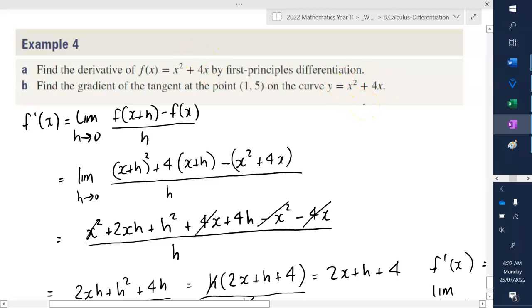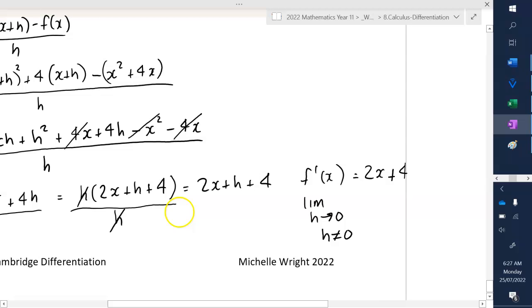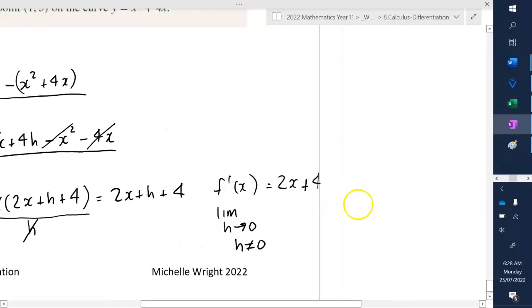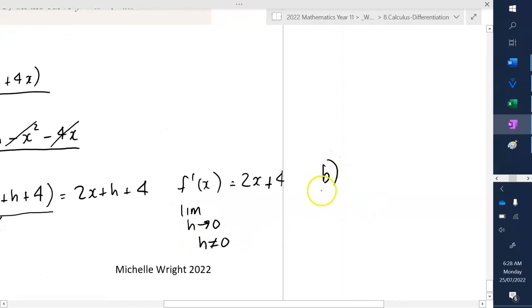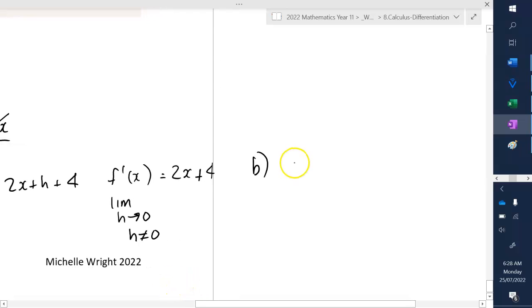At the point 1, 5, well, we've got x equals 1, y equals 5. So I'm just going to pop b over there to fit it in for us. So we are going to pop into f dash of x, our x point, 1.